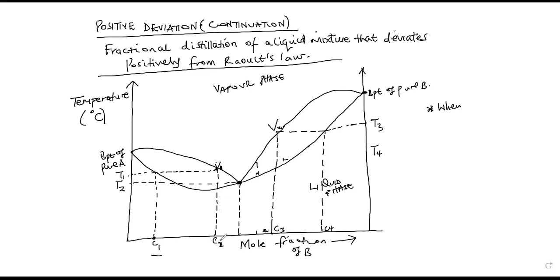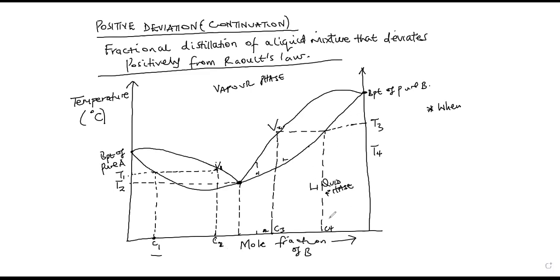Now, progressive heating and condensation will result in obtaining an azeotropic mixture as a distillate, while A is the residue. Now, another thing is coming to this side now.